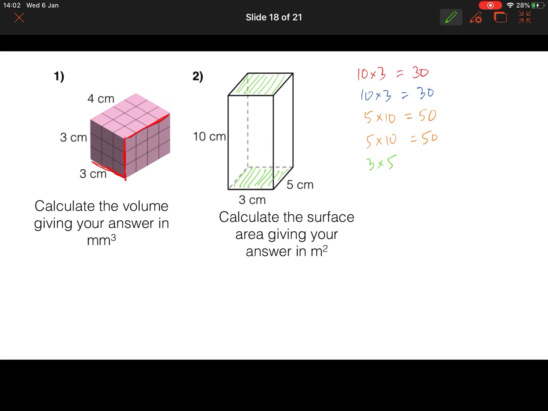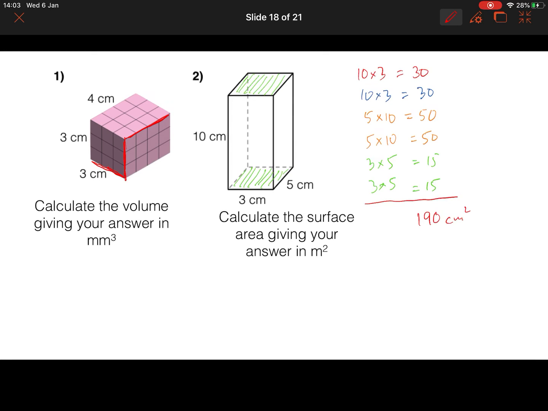They're exactly the same size. They are 3 by 5 rectangles, both of them. Okay, so all we've got to do is add up those 6 faces and we've found out the total surface area. So that's 160 plus 30 is 190 centimetres squared.